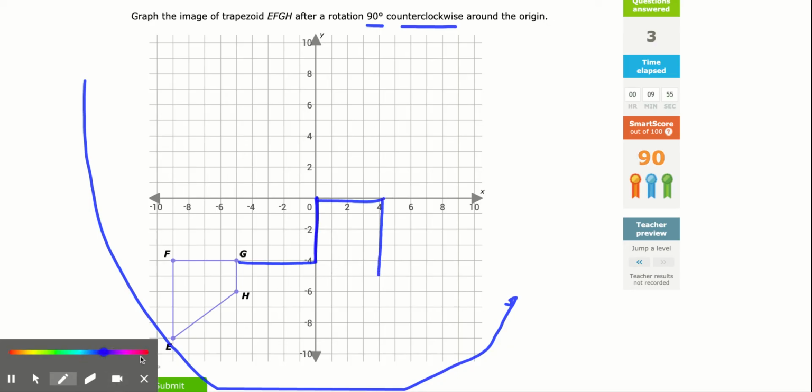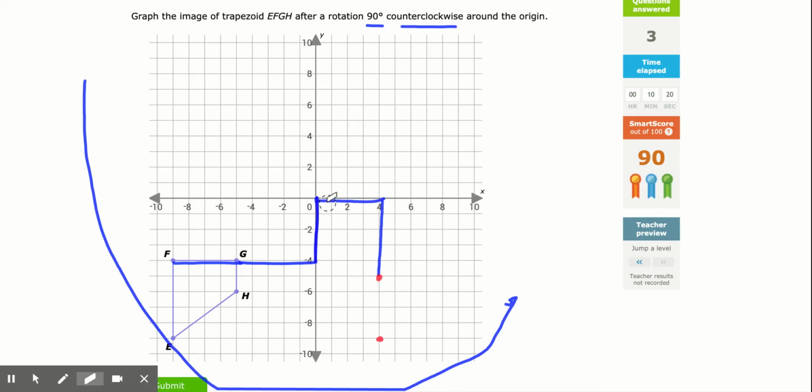And so I know that the image of this point G will be right here. And then further along this line, if I extend the blue line out to F, I go all the way out to 9, which means I'm going to go all the way out to 9 to get the image of F, which is right here.